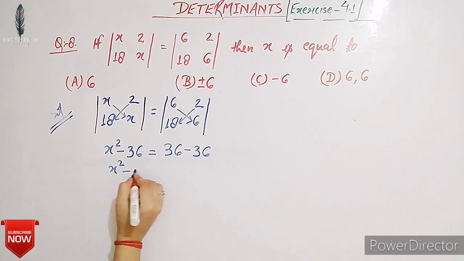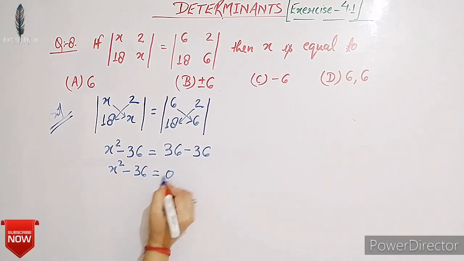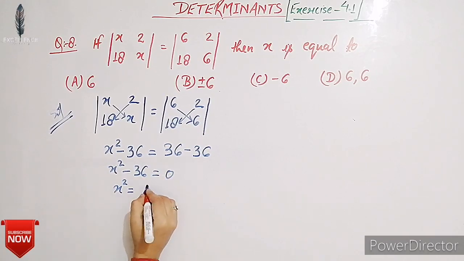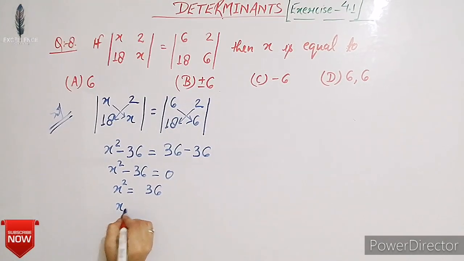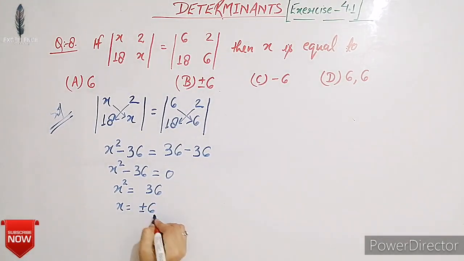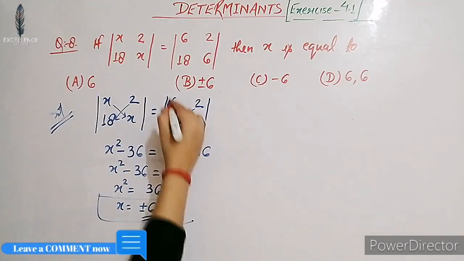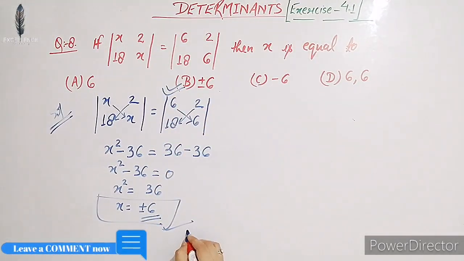So x square minus 36 is equal to 0. That gives x square equals 36. So x is equal to plus or minus 6, the required value. So here option B is the correct answer of this question.